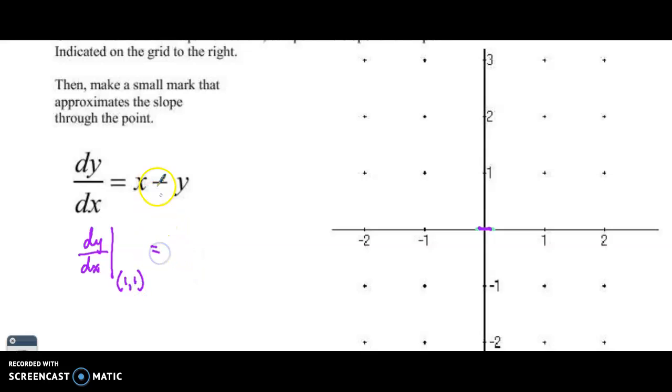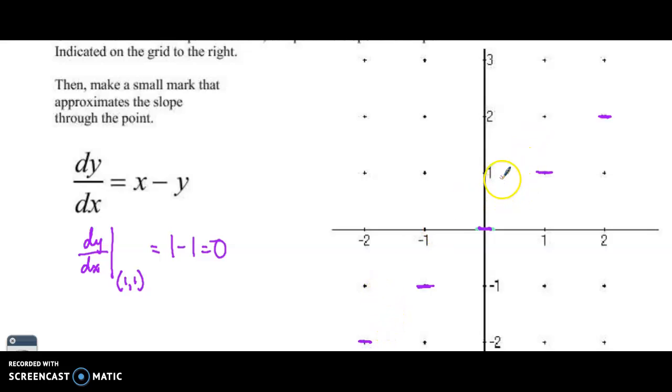Because then it makes perfect sense to me. Oh, well, 1 minus 1 will give me 0. And that's true for any value where x is equal to y. So at (1, 1), I'll get a slope of 0. So make a horizontal tangent there. At (2, 2), I would get a slope of 0. At (-1, -1). At (-2, -2).